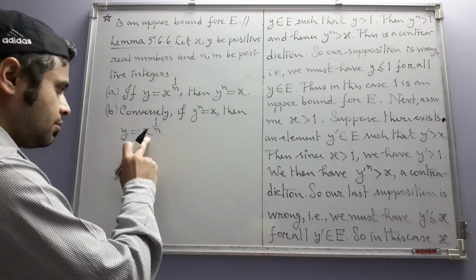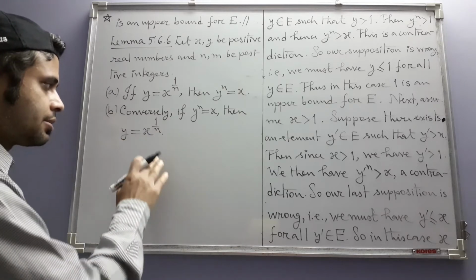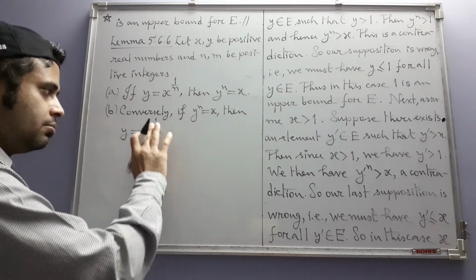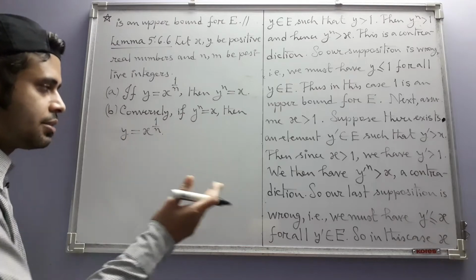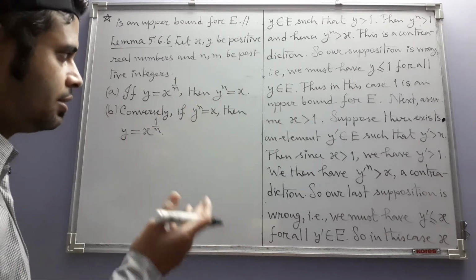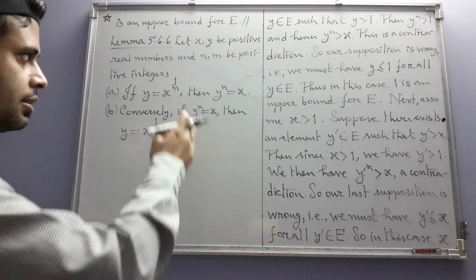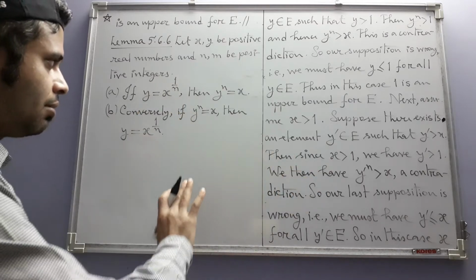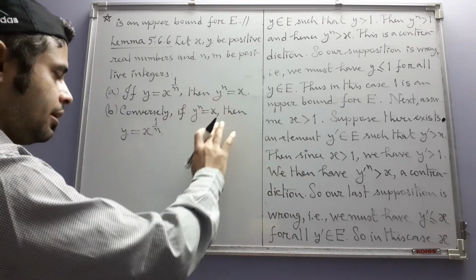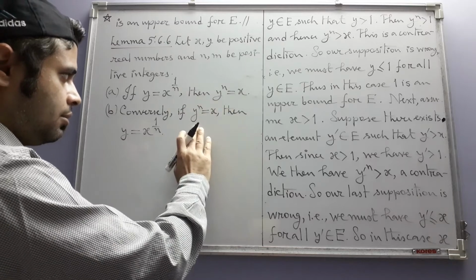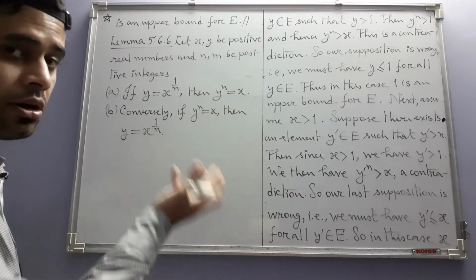So this part B tells us that if, instead of defining the nth root using supremum, one simply says that the nth root is defined by an equation like this, which we normally do.